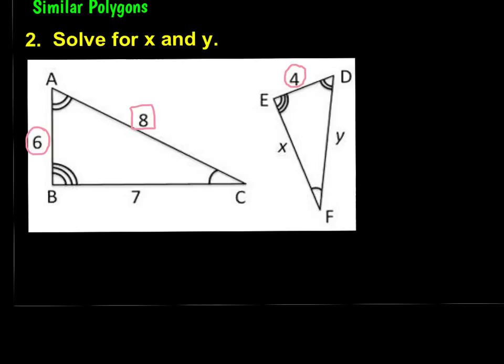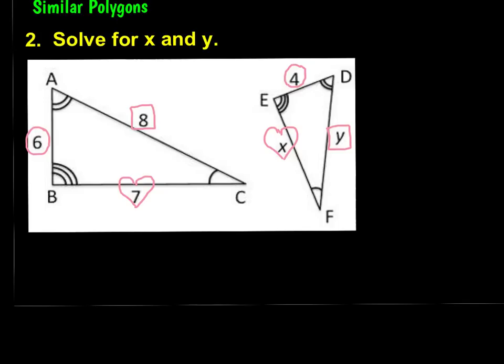I like to use different shapes for the different matches. So 8 is in between the 1 and 2 angles, so 1 and 2. That would have to be similar to the side that's labeled Y. And then let's use a heart. So the 7 would have to go with X.